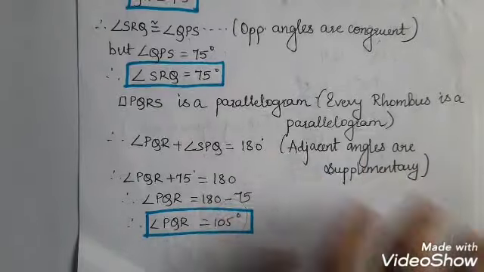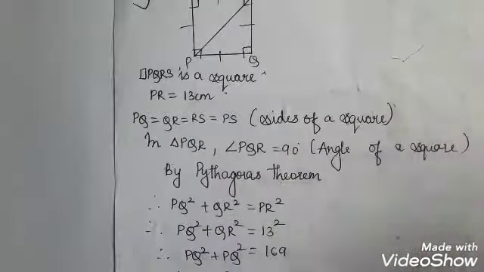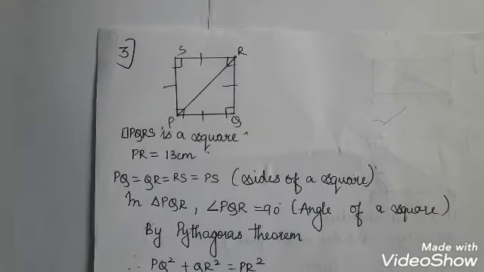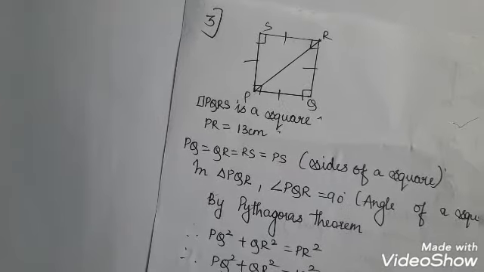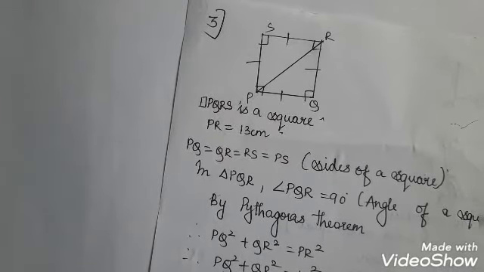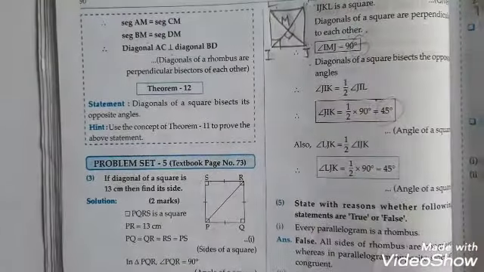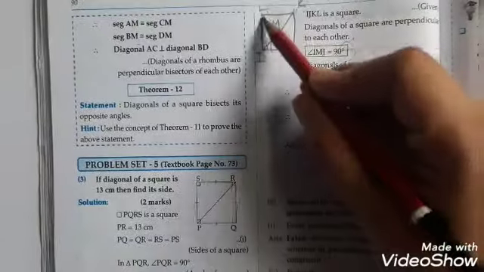Okay. Next, the third sum. Diagonals of the square IJKL intersect at point M. Next is angle LJK.